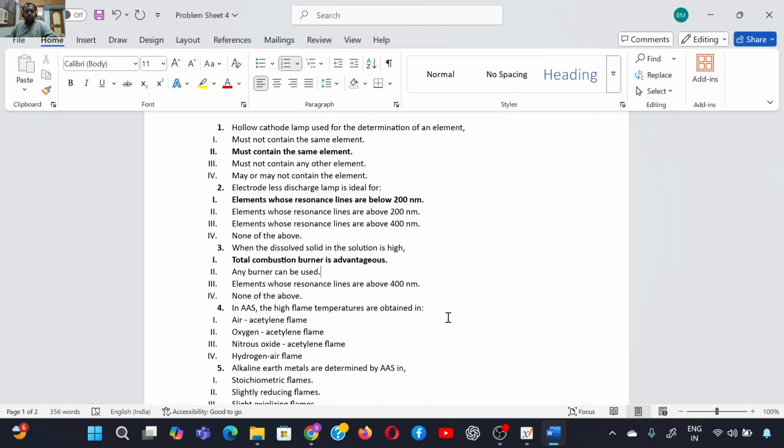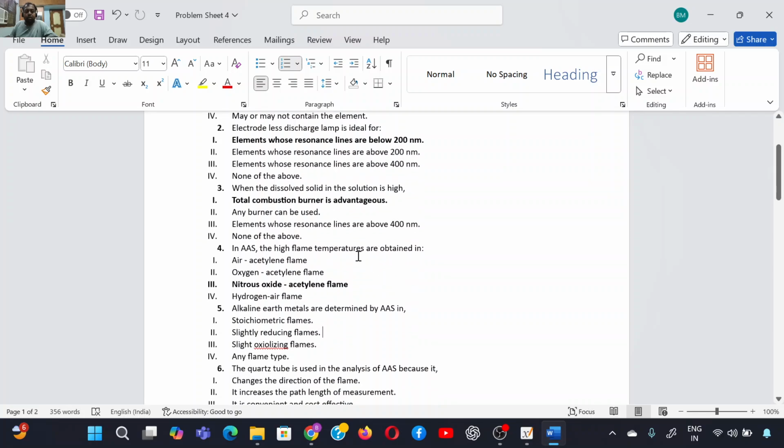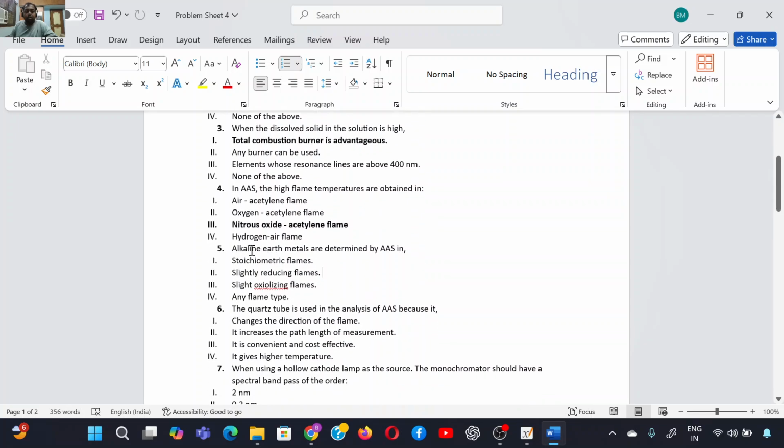In AAS, the high flame temperatures are obtained with the nitrous oxide acetylene flame. We saw it. It's used for refractory element detection, and it can go to 3000 degrees Celsius. Alkaline earth metals are determined by AAS in slightly reducing flames. Directly from the notes only.